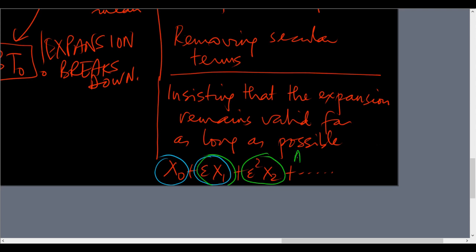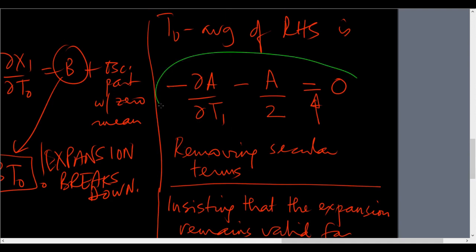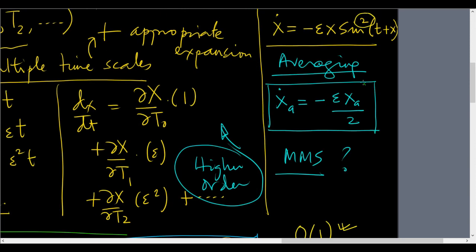I want an asymptotic series, right? So my asymptoticness is lost if this becomes big compared to this, or if this becomes big compared to this, and so on. So you see, what we end up with is exactly the averaged equation. Okay, let me remind you here. Where is this epsilon from?